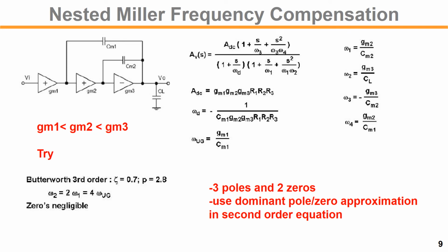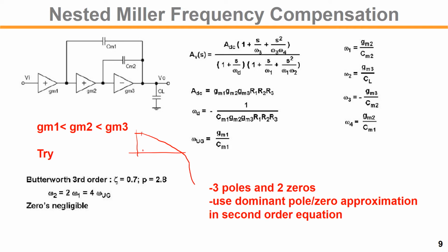This summarizes all the equations for the 3-stage amplifiers using nested Miller compensation. Typical design is like GM1 is smallest, and as you go from the left to the right, the GM gets larger and larger. This is because what we have to do eventually is have the dominant pole here, and then second and third.